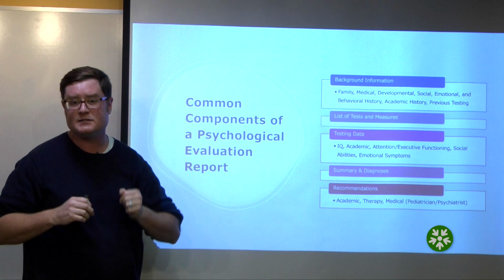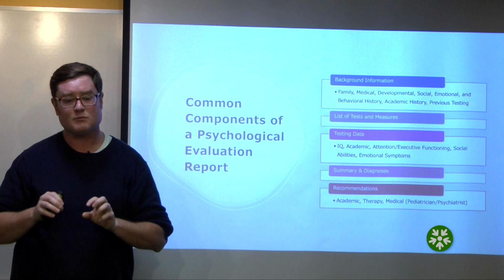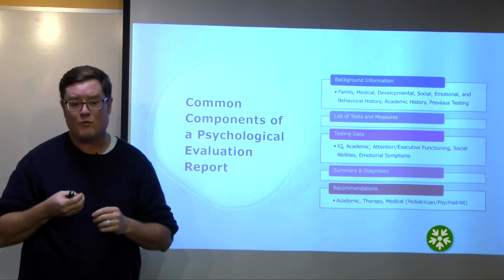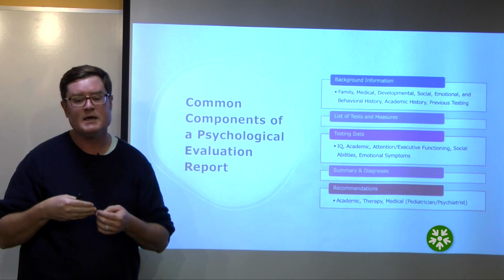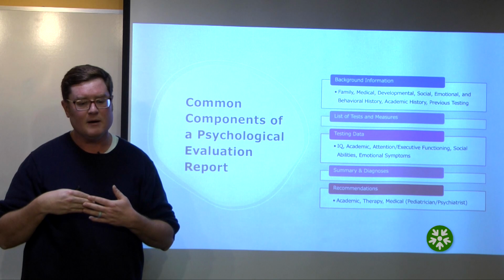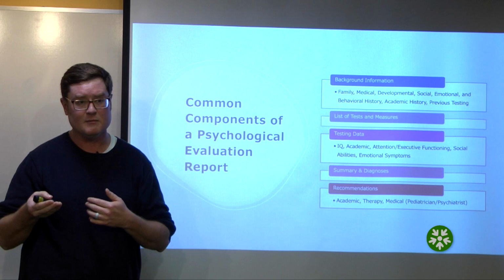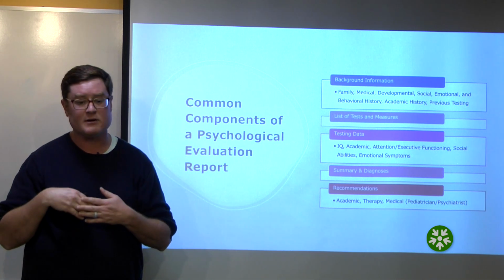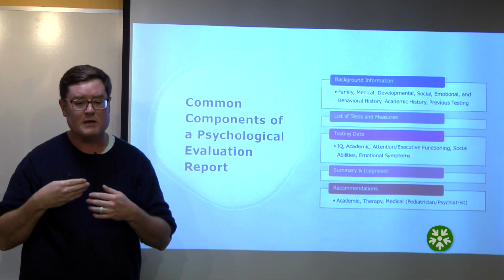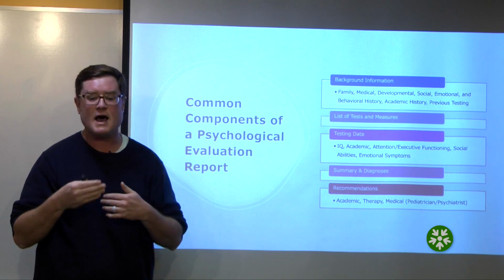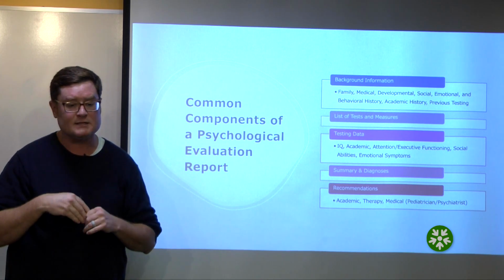The list of tests and measures section is, like I said, a one-page or half-page list, but it can be used to quickly look at what tests were given. And like I've mentioned before, there are some tests where we don't want to re-administer them in a certain time frame. I know that at school sometimes school providers will administer some testing, or here at the Langsford Center, we do a lot of testing for children for reading, so we may be able to use a different version of that if we know that something has already been administered to a child recently, to avoid any practice effects.